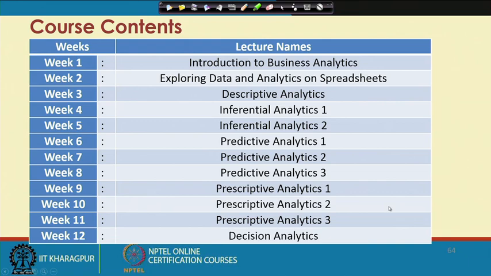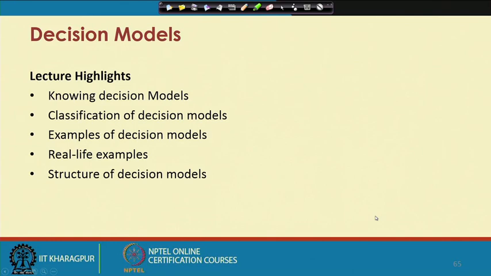This is the course contents. So, we are still in week 1, introduction to business analytics, and this is the fourth lecture of this series. Let me start with the lecture highlights today. We are going to discuss the concept called decision models. Since this subject is called business analytics for management decision, we should know the concept of decision models.